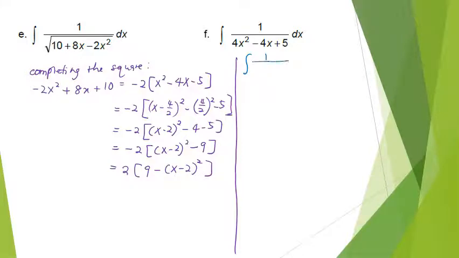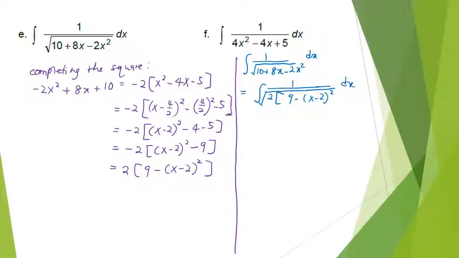Okay, 1 over square root 10 plus 8x minus 2x square dx is equal to integrate of 1 over square root 2 times 9 minus x minus 2 square, dx.